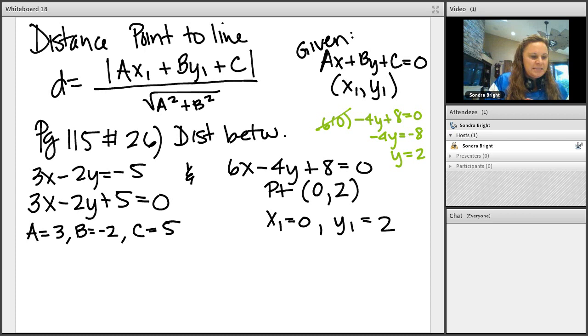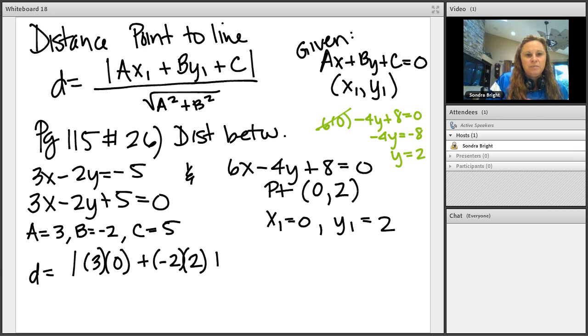So now that means the distance is equal to the absolute value of a times x1, I chose 0, plus b, negative 2, times y1, which I found was 2, plus your 5 for the c, take the absolute value of those, all over the square root of a squared, which would be 9, plus b squared, which would be 4.